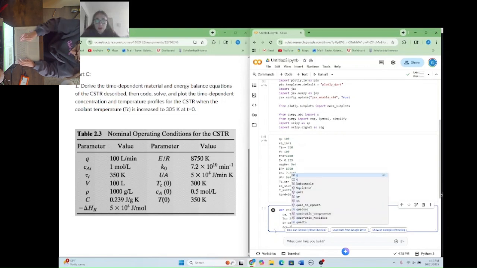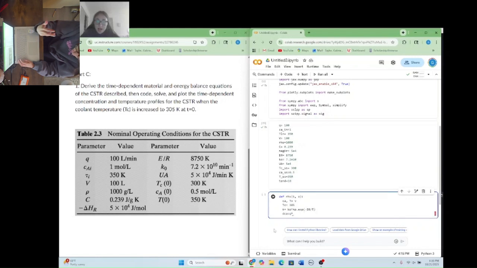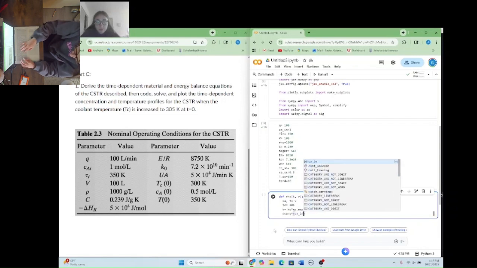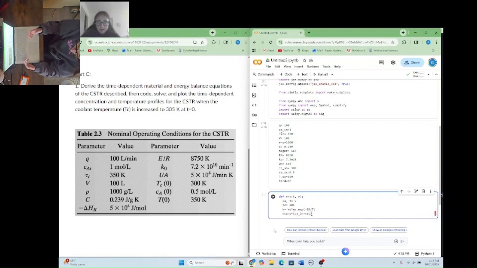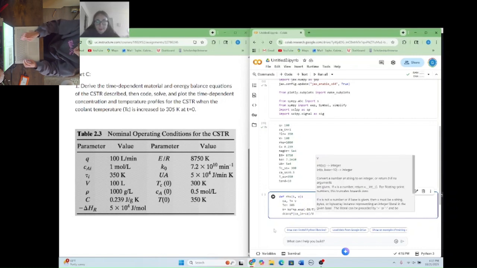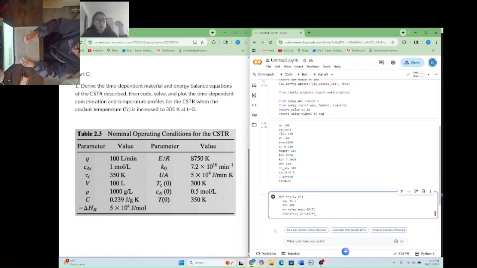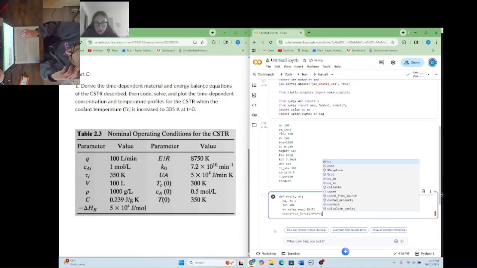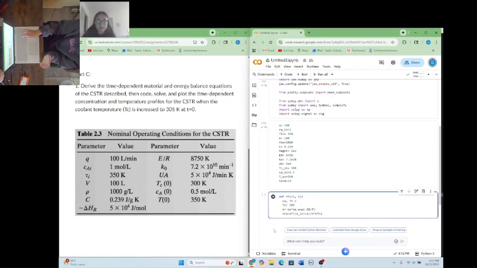So it's going to be our Q, our flow rate, times CA in minus CA, divided by our volume, minus K times our CA. Okay, so that is the updated equation, to give you a visual of what it's supposed to look like.